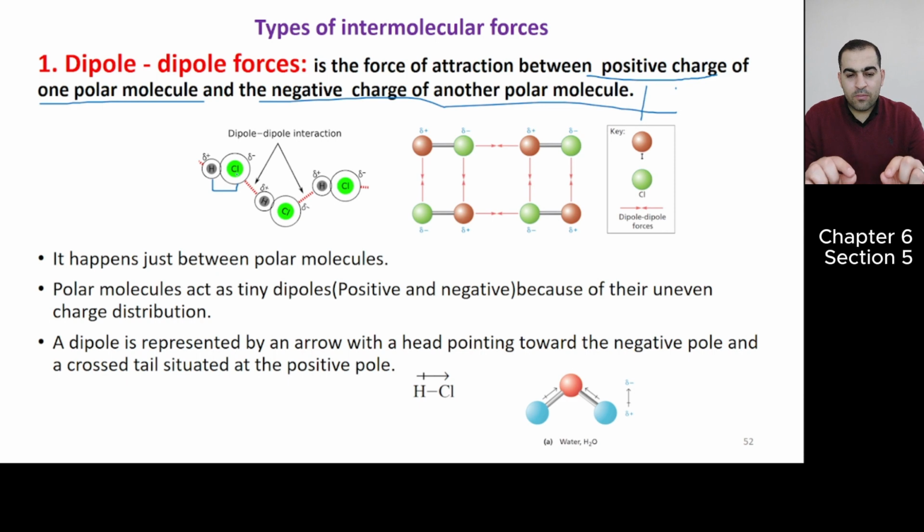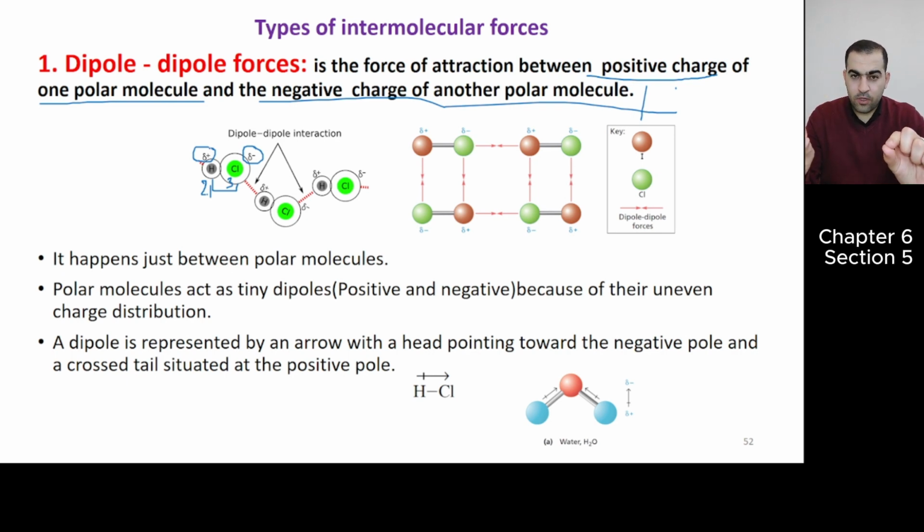We know the bond in HCl is polar, by electronegativity difference: chlorine is 3, hydrogen is 2.1, isn't it? So the difference is 0.9. When it's 0.9, is it polar or non-polar? It's polar. When it's polar, the atom with high electronegativity in the molecule, we give it partially negative, because electrons are closer to it, and the other partially positive. This is a polar molecule.